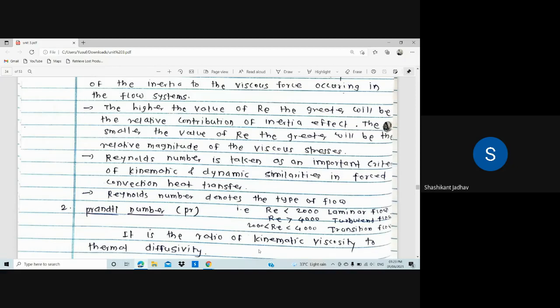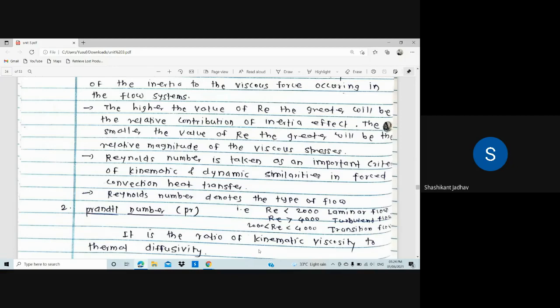Reynolds number denotes the type of flow. That is, if Re is less than 2000, then flow is laminar.